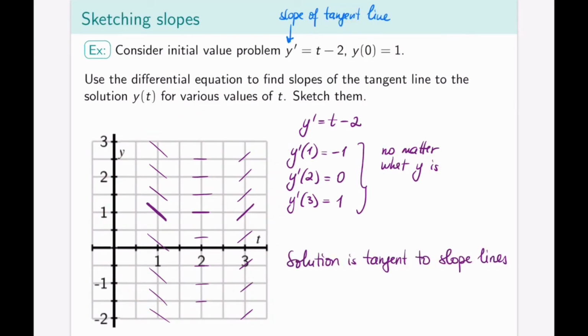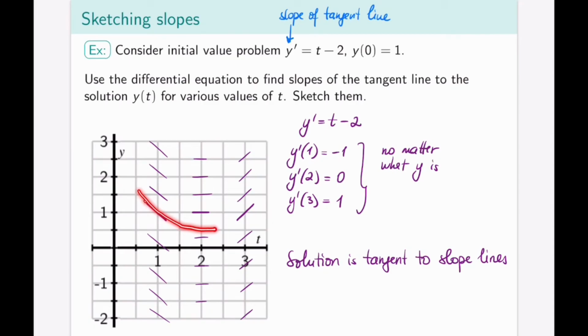Let's think about this for a second. The solution has to be tangent to all of these slope lines that I have drawn, which means that this is a very powerful graph that I've already created. If I am to place a solution curve on top of it, I have no choice. At every line that I drew, I have to be, in fact, tangent to that particular line.